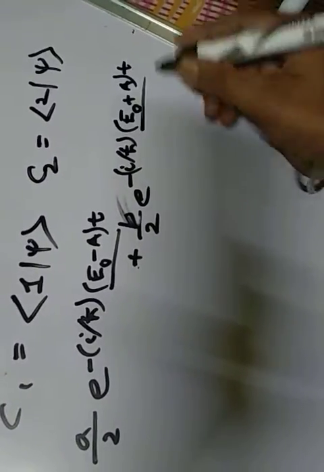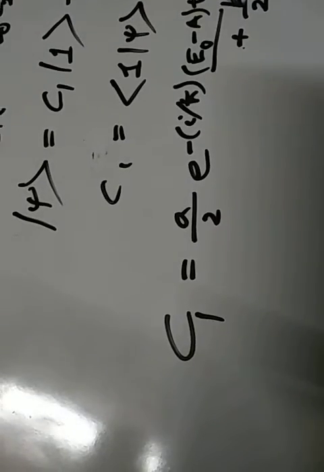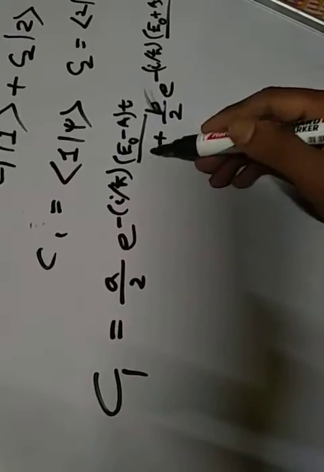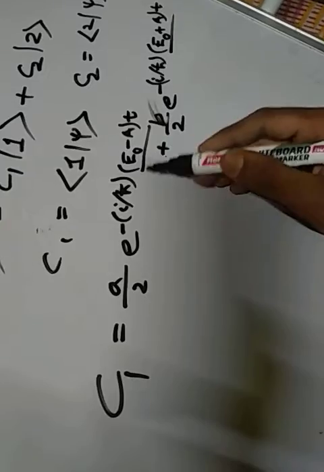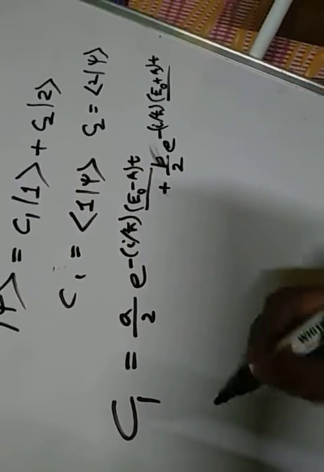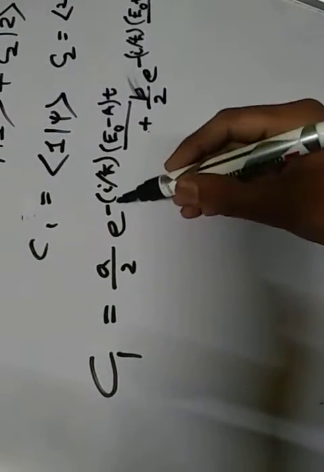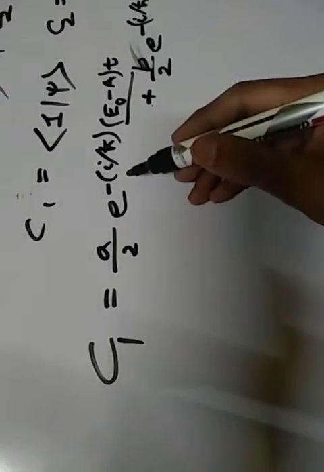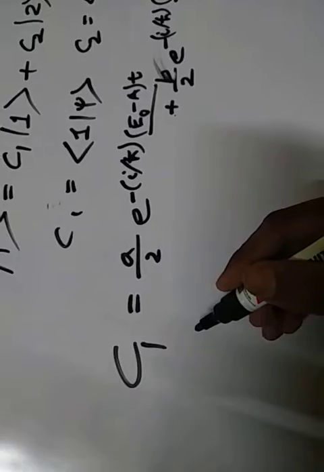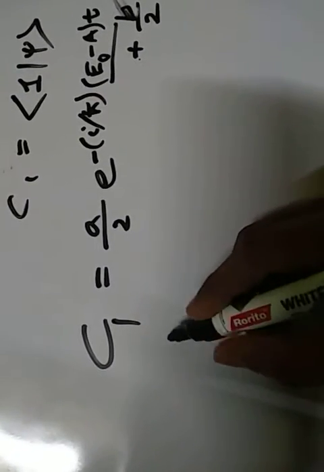Mind it again, here it comes as E0 plus A. So there are two terms which oscillate at two different frequencies. First one with this frequency and second one with this one. I think everybody is familiar with Euler's notation that e to the power i theta equals cos theta plus i sin theta.